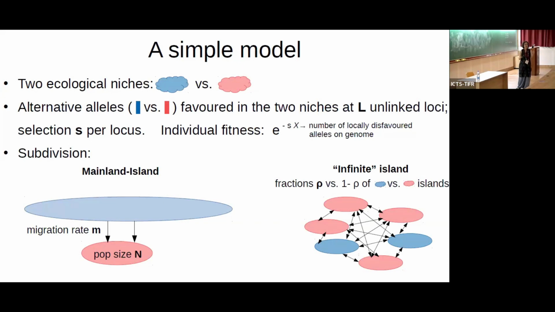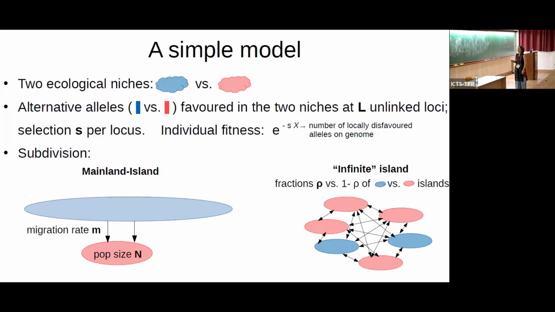And for the time being, I'll assume that these are unlinked, by which I mean that they may be on different chromosomes, or if you think of the recombination rate between any two loci, then r is half. For the time being, because it's a simple model, I'm also assuming equal effect loci, so the selective effect per locus is s.